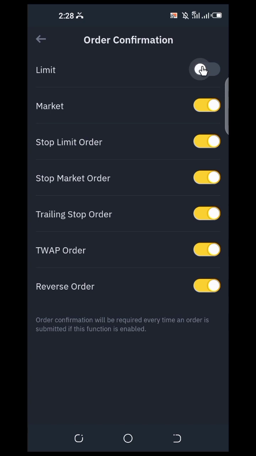But it is always very important to turn it on so that anything you are doing, you make sure you know what you are doing, because there will be a preview for you to confirm that this is what I'm doing, this is what I'm setting up. So that's what this allows you to do. So you turn the limit order on, the market, the stop limit order, and you just make sure you have everything turned on.